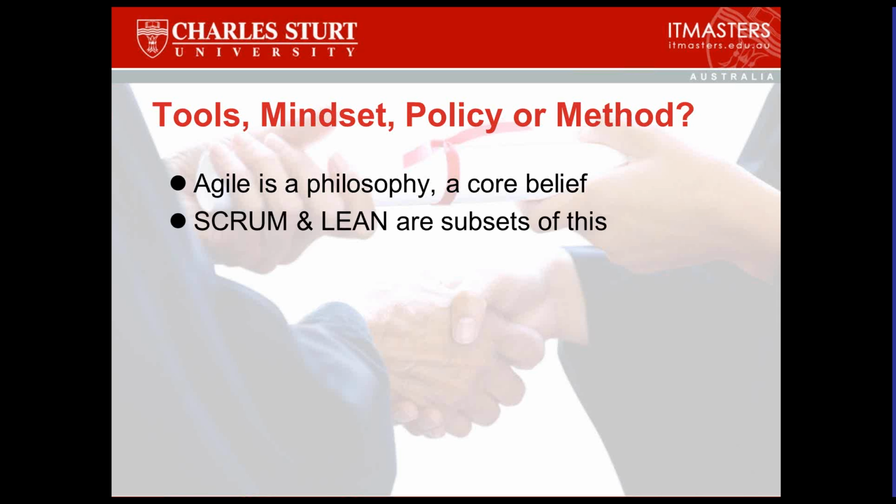So Scrum and Lean are then subsets of this that fulfill a role at the next layer down. So here we start to look at ideas that help us decide how to act. Because if Agile is saying, this is how we could think, Scrum says, and this is how you can do, and Lean says the same thing, this is how you can act, this is how you can behave.